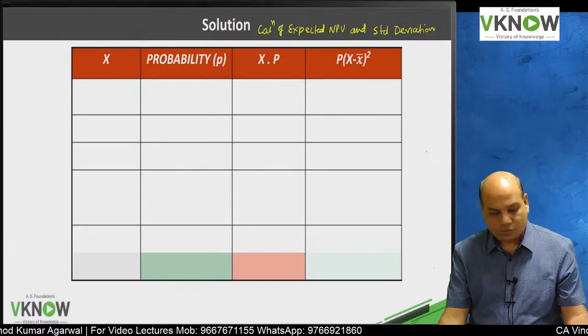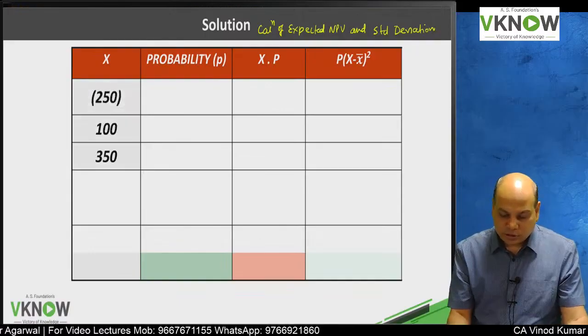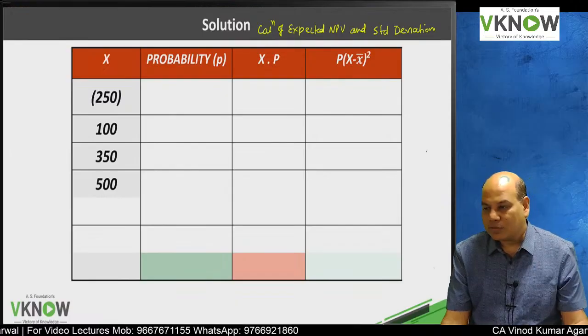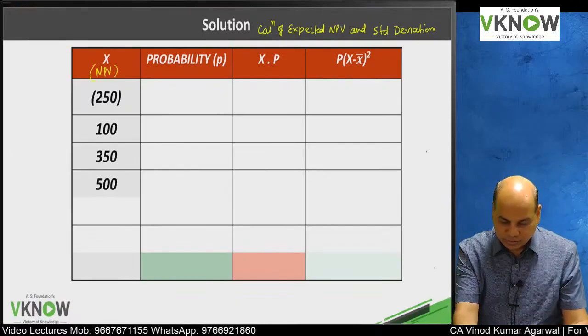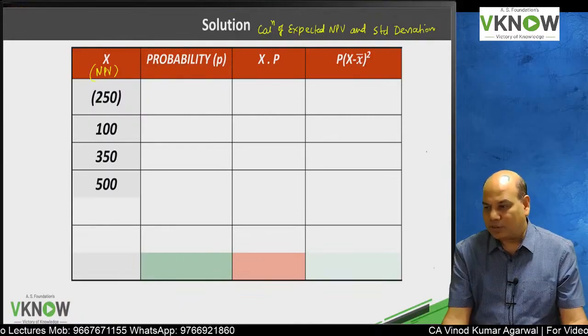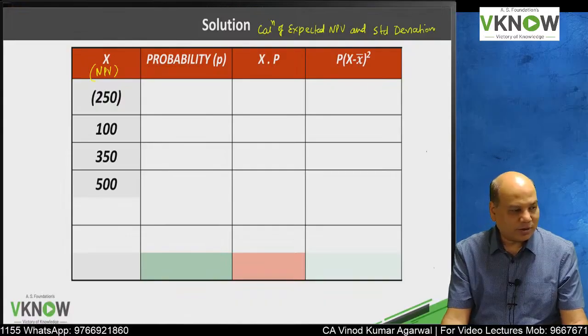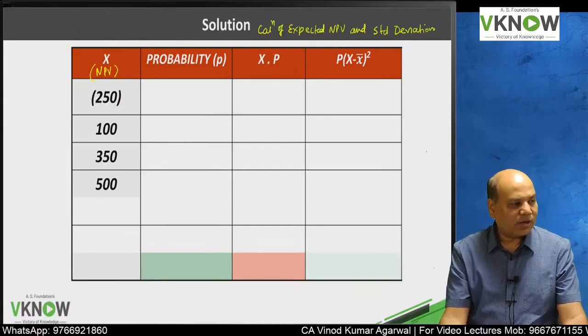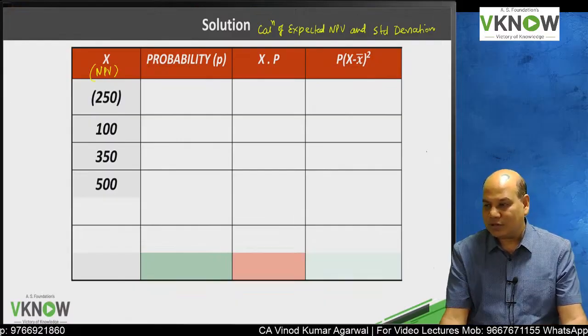This time you have to compute. We will draw 4 columns. In the first column write NPV. Second column, probability. Third column, x into p. Fourth column, p into (x minus x bar) square. That is for standard deviation.